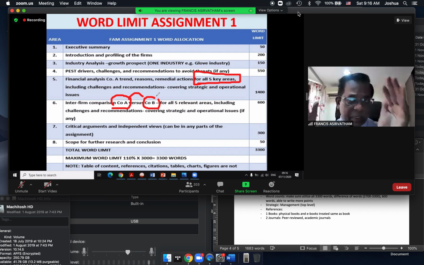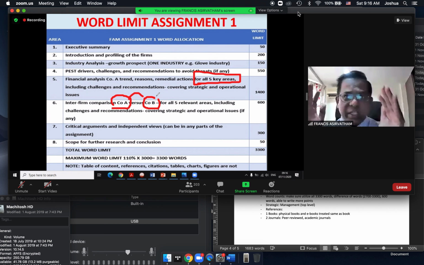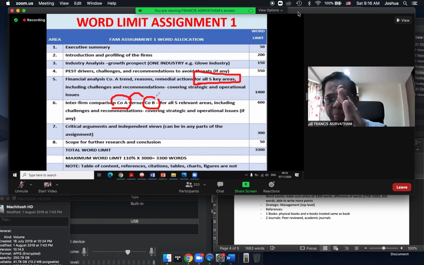It's the interpretation, and not only the interpretation, your recommendation. Identifying the problem in terms of strategic, problem in terms of operational, and what kind of resolution. There are many business executives and managers who are not finance people, but they still can do a fantastic job.